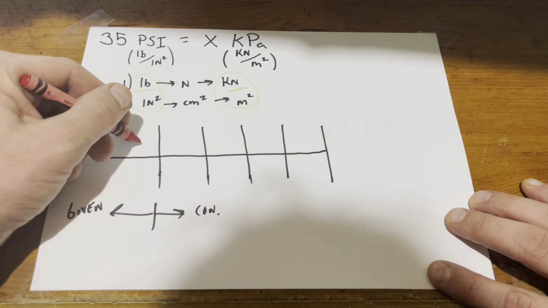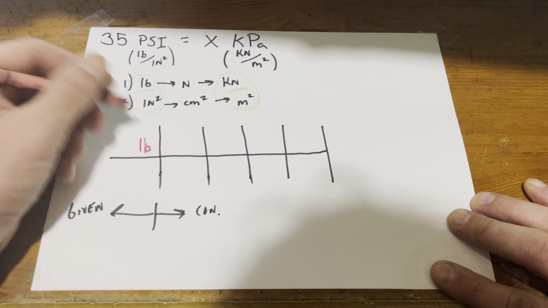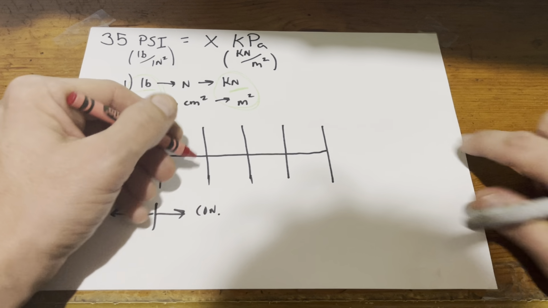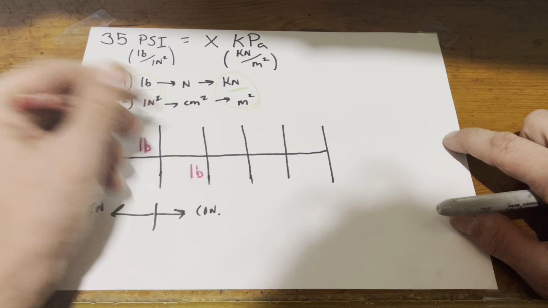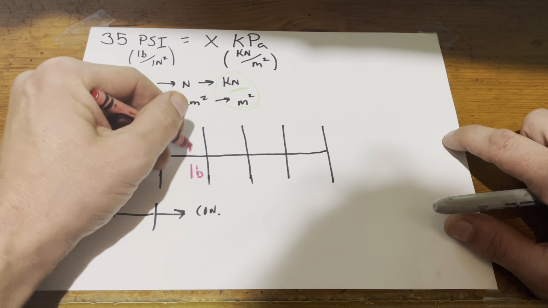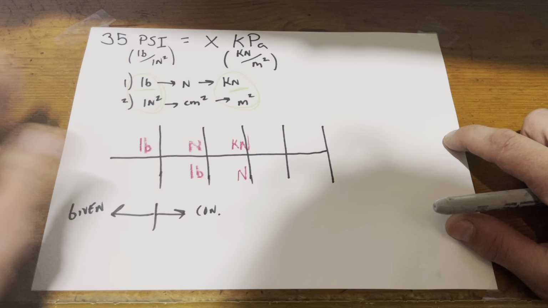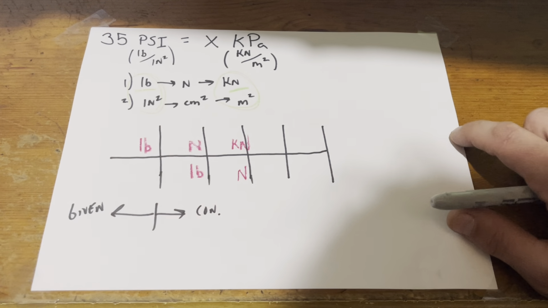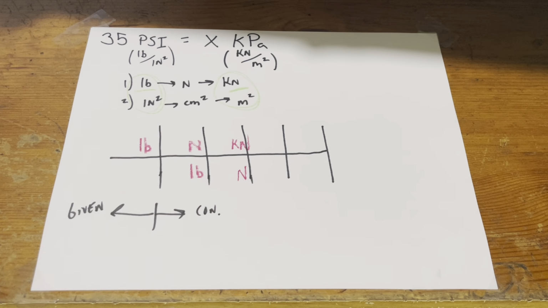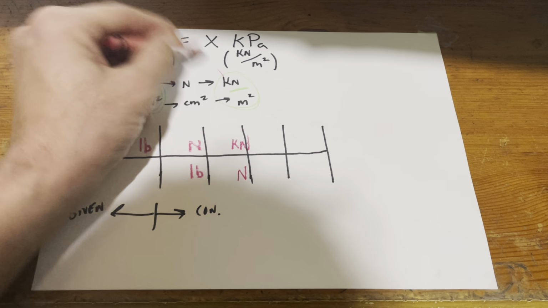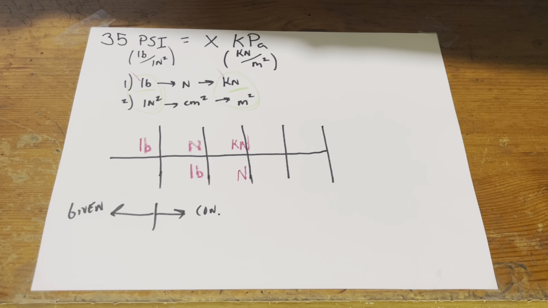So let's move that through that progression: pounds on the top and pounds on the bottom, following this map. So newtons, newtons, kilonewtons, just the units. Okay, you get the idea. Going to our check here: do we start with pounds? Yep. Do we end in kilonewtons? Yep.